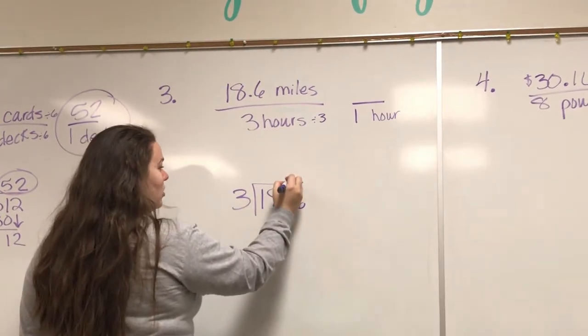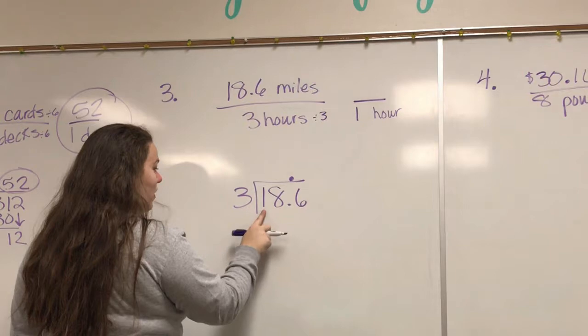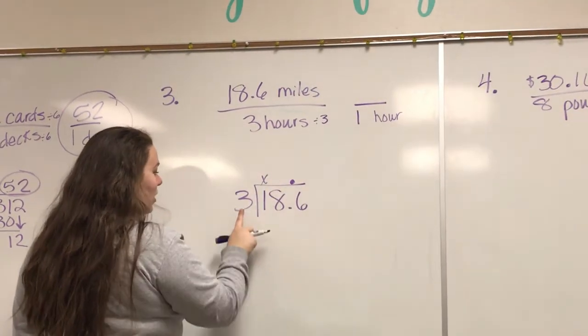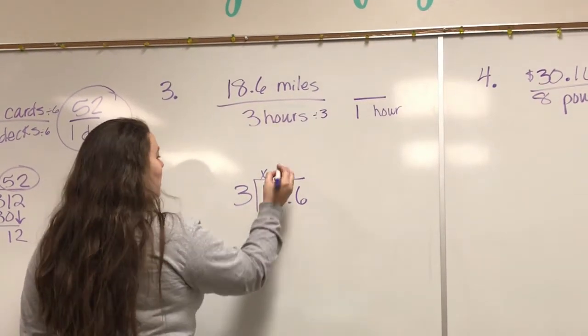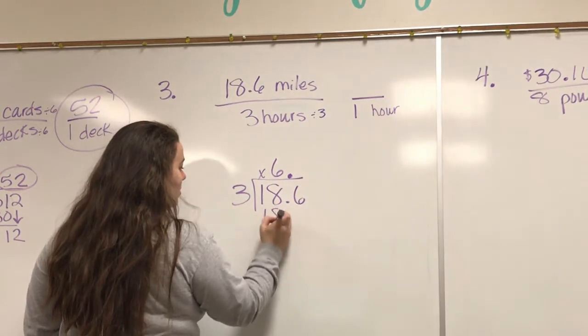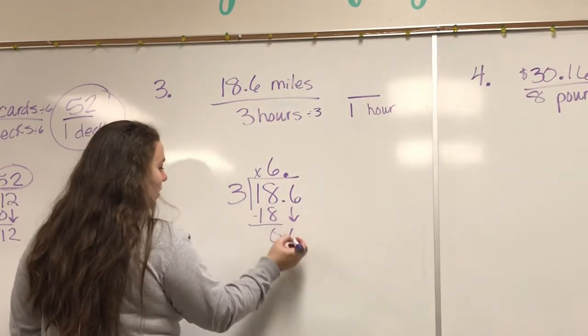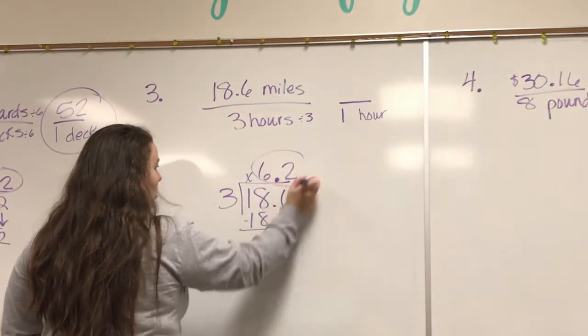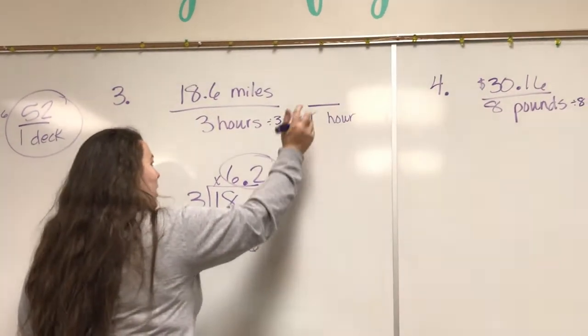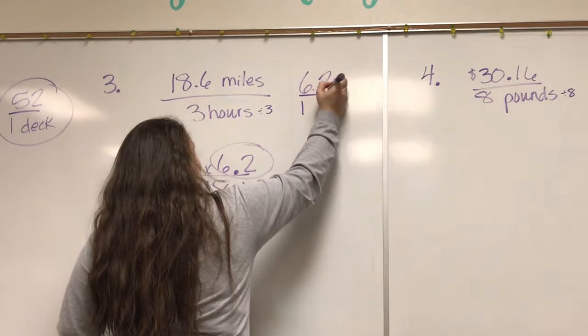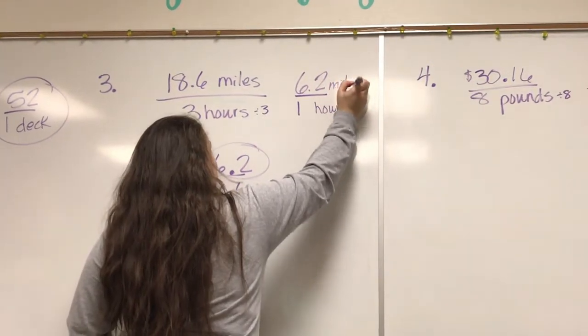Bring my decimal straight up. Can 3 fit into 1? No, it cannot. Can 3 fit into 18? Yes, it can. 6 times. Down to 6. Can 3 fit into 6? Yes, it can. So, for every 1 hour, he runs 6.2 miles.